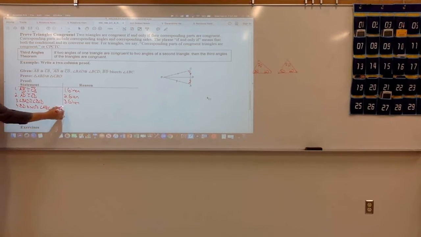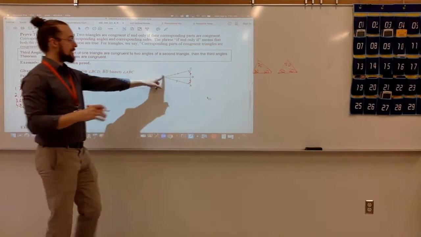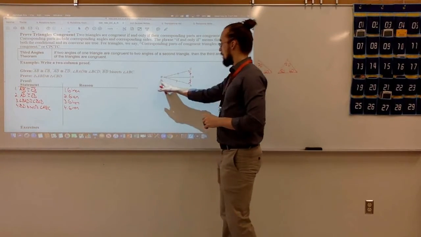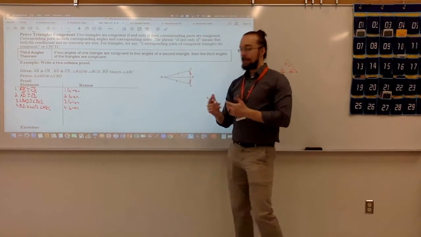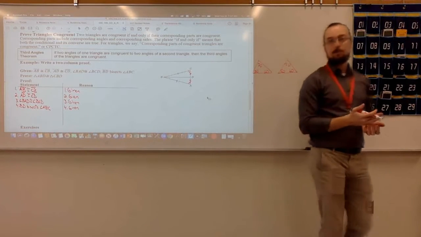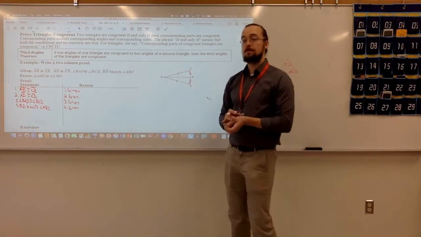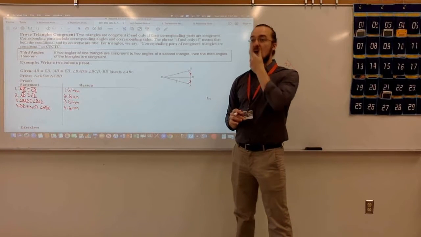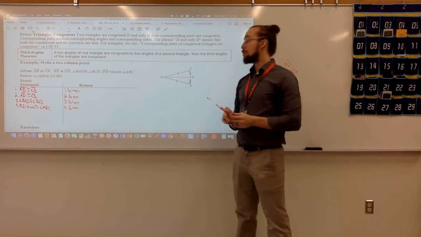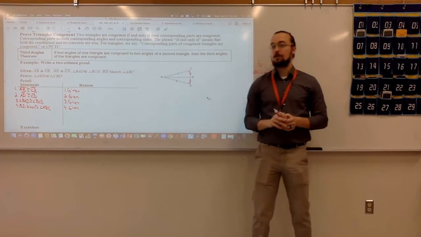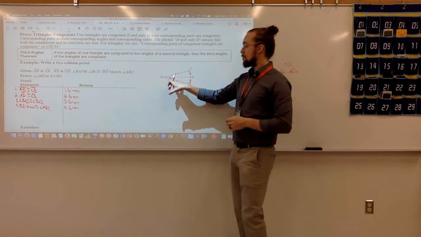Now, that piece of information doesn't directly tell me that anything's congruent, but if I know that this line, BD, bisects angle ABC, what can I say? What do I know? What's congruent? Not the whole triangle. Yeah, these two angles right here.